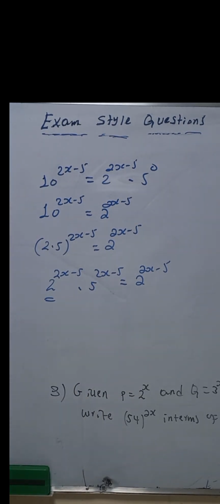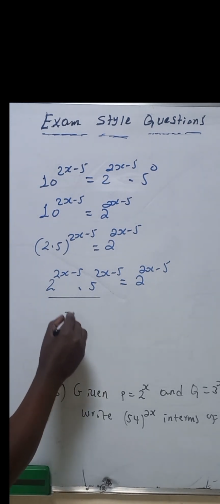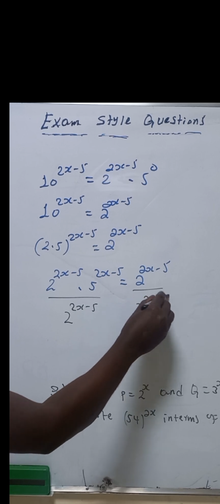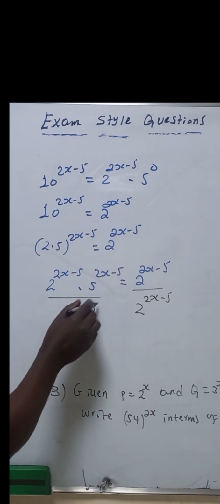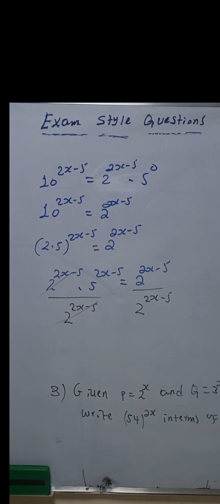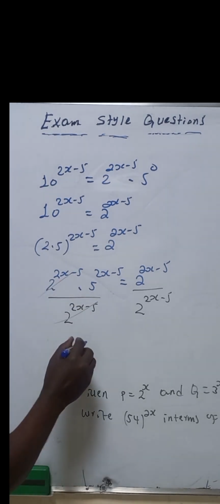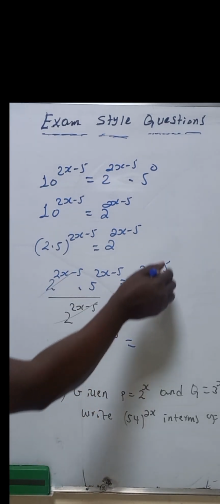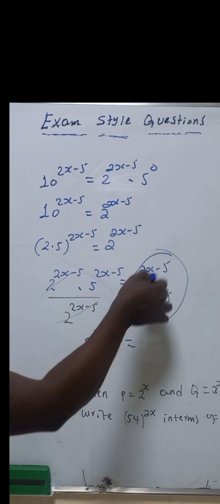So you can divide both sides by this. Now this is written as 2 to the power of 2x minus 5 over 2 to the power of 2x minus 5, so in this case this is eliminated by this one. And what's left here? 5 to the power of 2x minus 5 is equal to this divided by this, which is going to be 1.